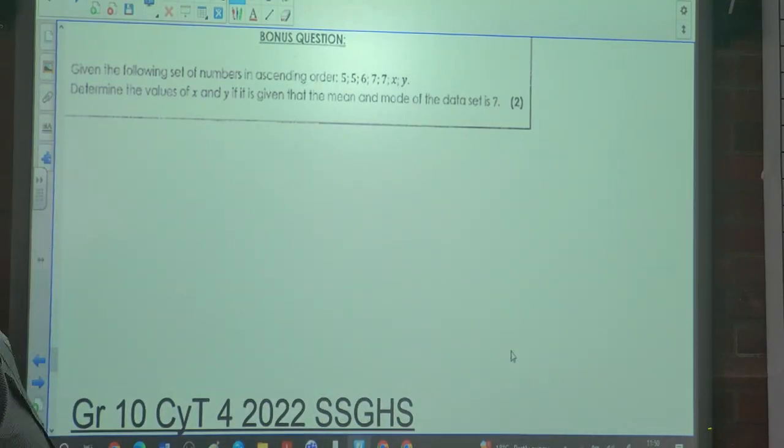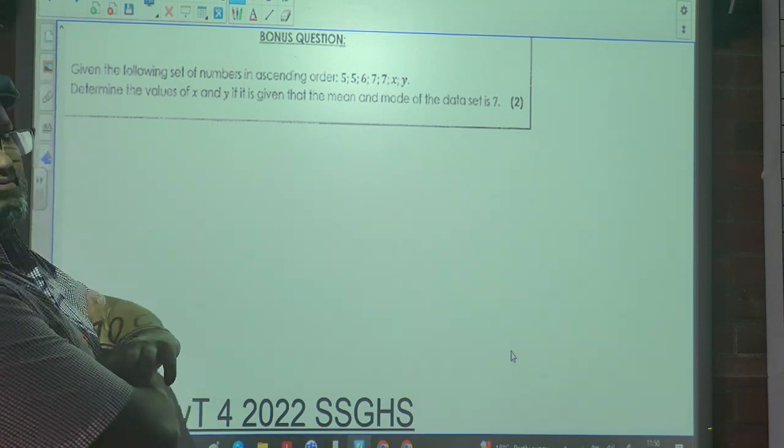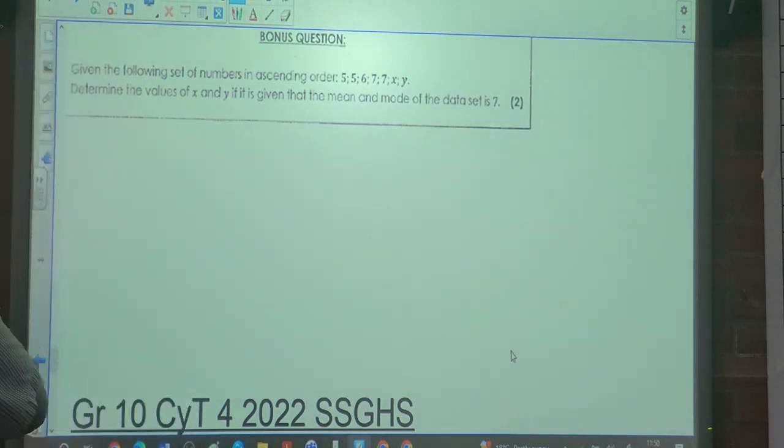The question says determine the values of x and y if it's given that the mean and the mode of the data set is 7. So if they tell us the mode is 7, that means to say that x and y is never the same. The mode of the data set is 7 and the mean is also 7.